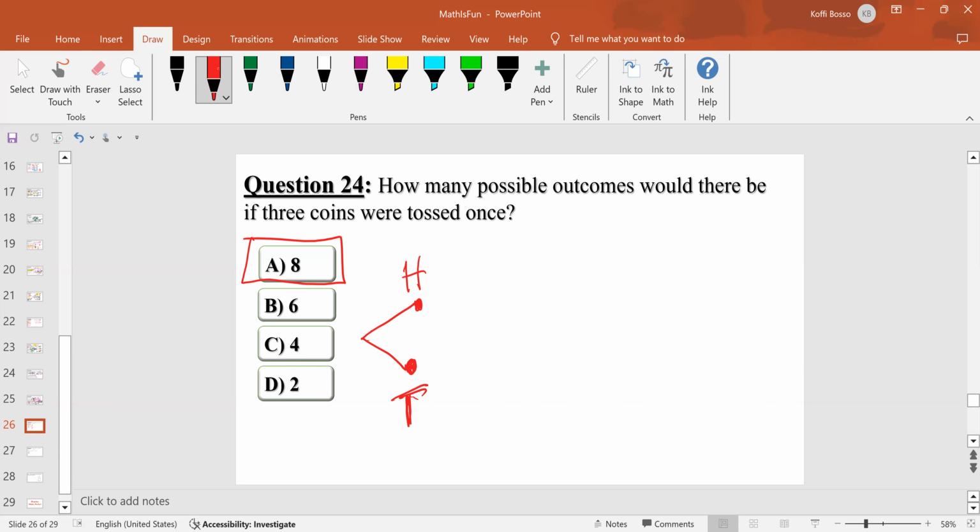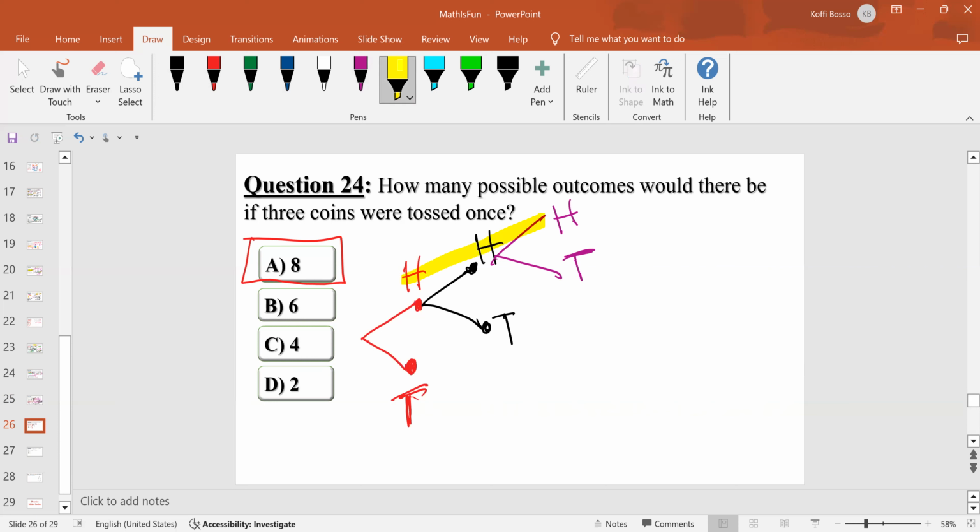Now the thing is this: when you toss the 3 coins, you can have a head for the first coin. Now the second coin, you can have again head, or you have a tail. Now the third one, you can have what? Again head or tail.